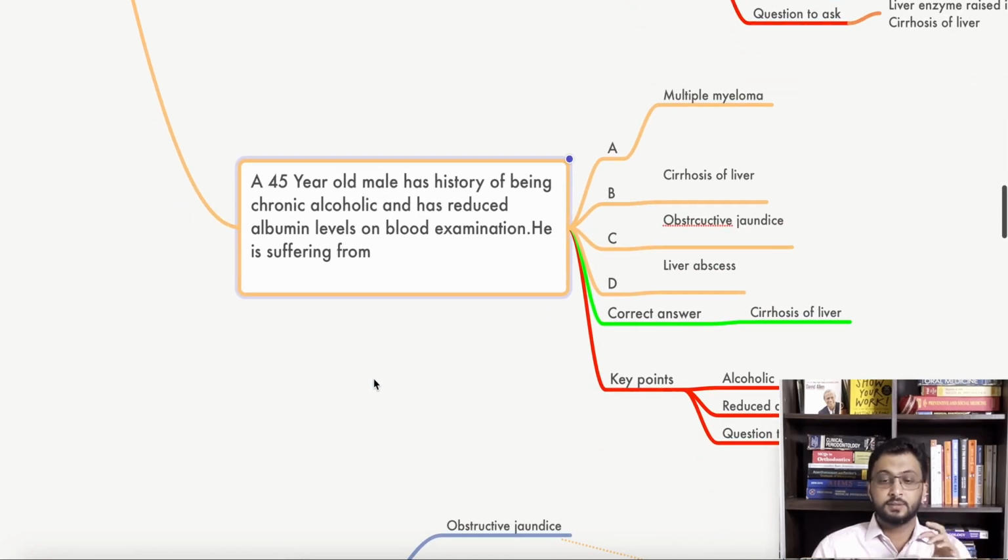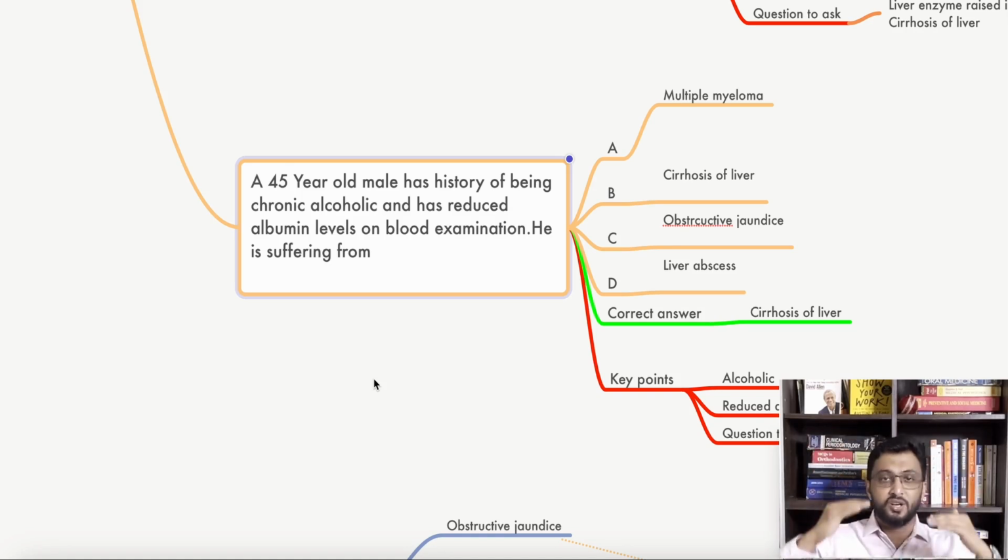So that will give you a clear understanding to solve these questions, because many students have this problem. Though it is a very simple area, this confusion is there, especially when it comes to cholestatic liver disease. Obstructive jaundice is an example of cholestatic liver disease.